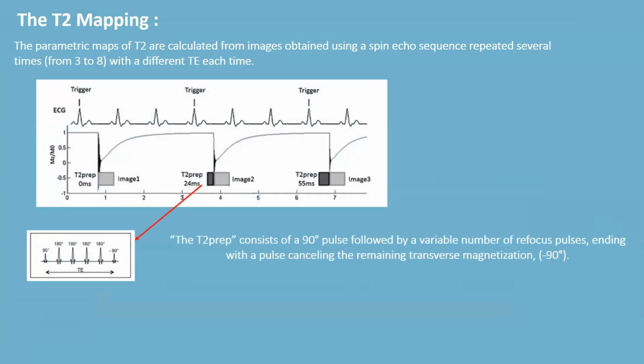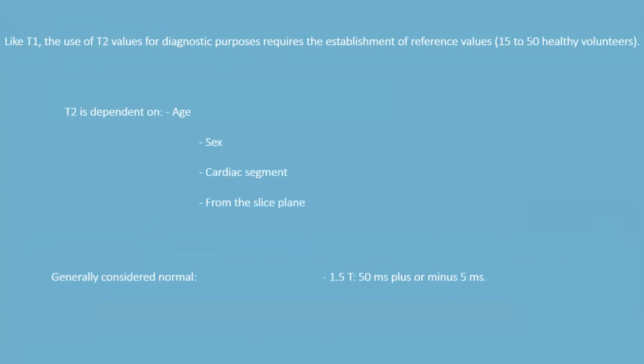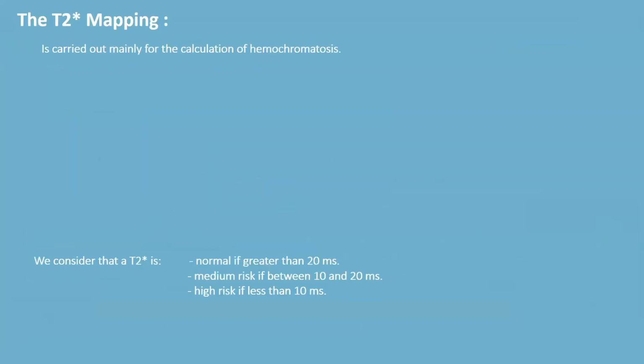Also for T2 mapping, it's parametric, calculating images in milliseconds, and it depends on parameters like the cardiac segment. Generally, at 1.5 Tesla the value is about 50 milliseconds plus or minus 5 milliseconds, and at 3 Tesla between 45 milliseconds plus or minus 5 milliseconds.